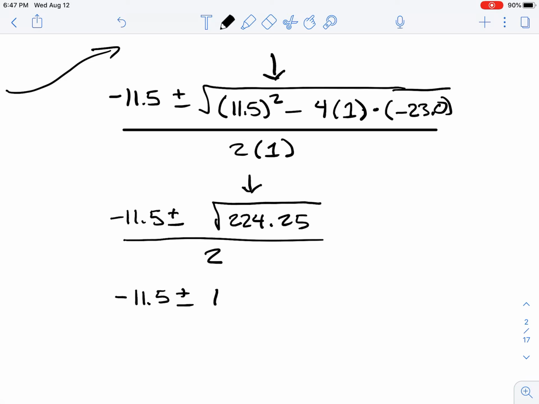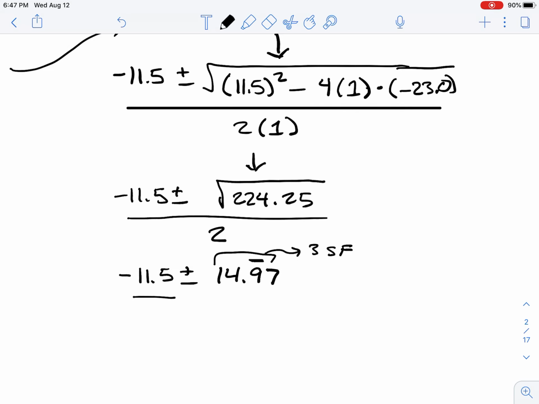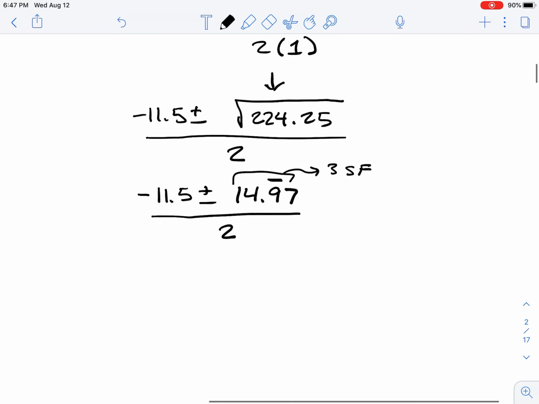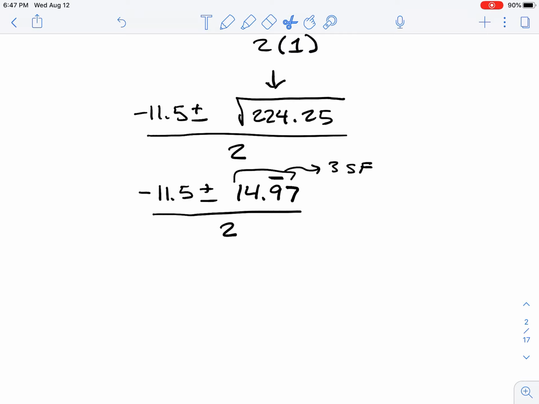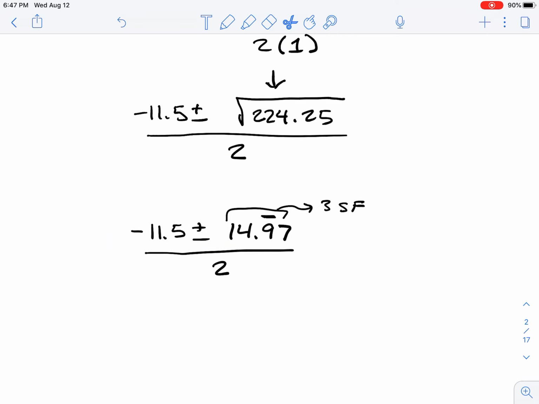For now I'll put in 14.97 for accuracy, but for precision I'm going to put a horizontal line at the top, reminding me that there's only really 3 sig figs that I'm going to consider. Okay. Everything is divided by 2.